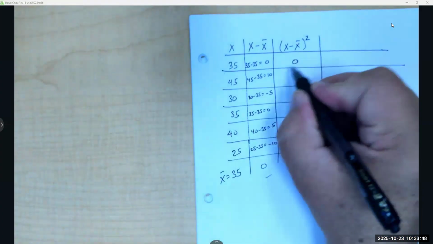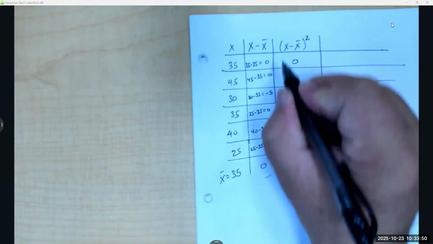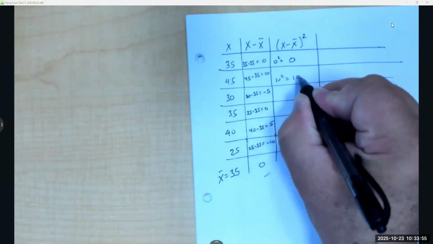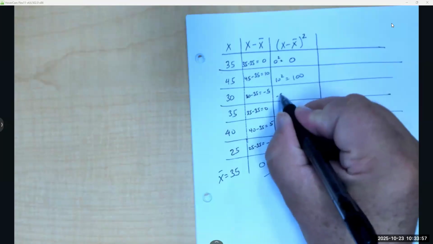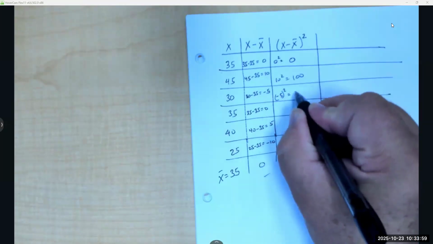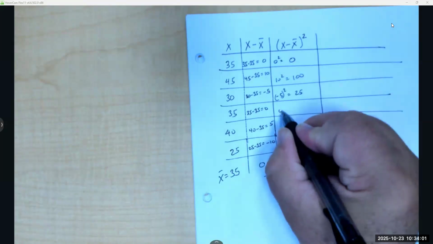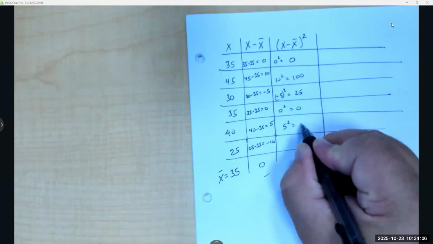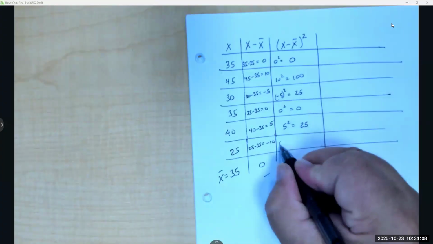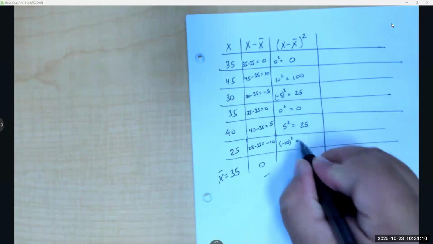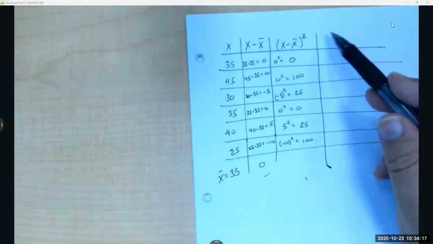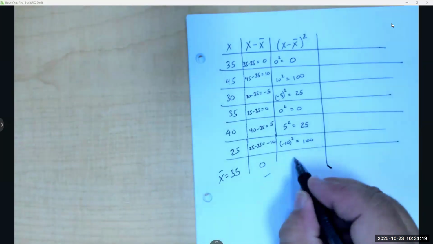So 0 squared is 0. 10 squared is 100. Negative 5 squared is 25. 0 squared is 0. 5 squared is 25. Negative 10 squared is 100. Add those together, you get what? 250.